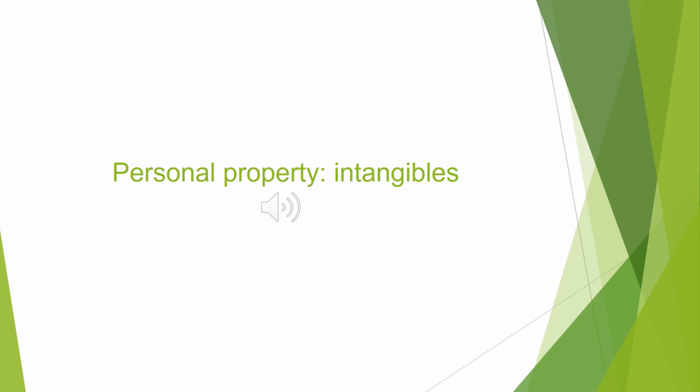Personal property, intangibles. Intangibles are all kinds of personal property that are not tangible, that can't be seen or touched. A person can own all sorts of intangible things, including the following: 1. Bank accounts. 2. Franchises and licenses. 3.